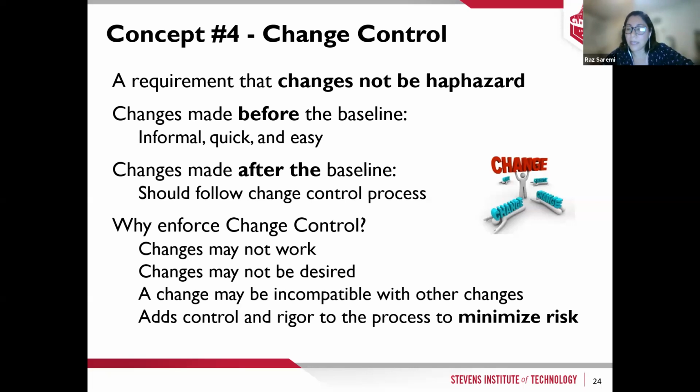But as soon as the configuration item is submitted as a baseline, any type of change that we want to make forward must go through a change control. In the change control board, we need to explain why it's desired, does it work or does it not work, is it compatible to other changes from different parts of the system, and how can I make sure that I have a minimum risk for the system failure.